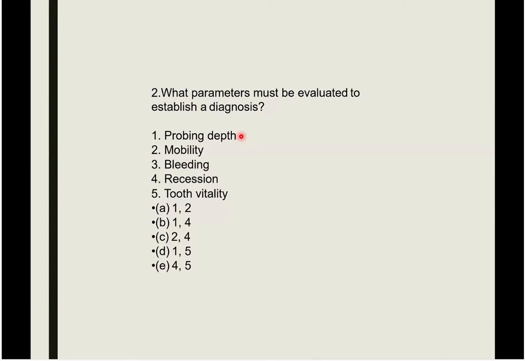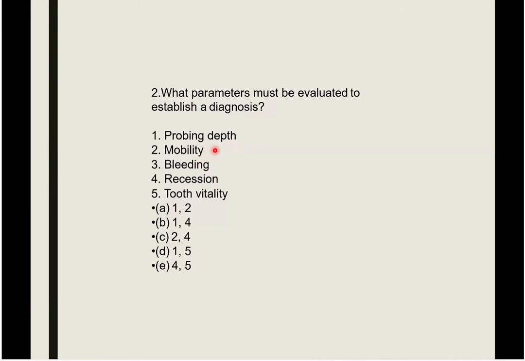So a probing pattern that's generalized is more common for a periodontal abscess or a gingival abscess versus one that has a distinct drop down in just a very narrow site.